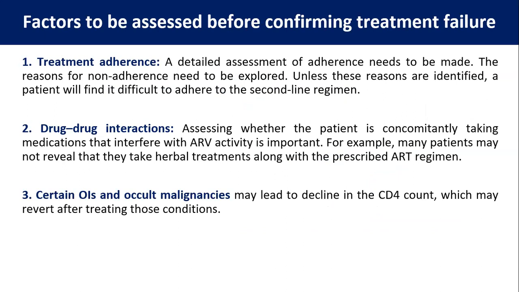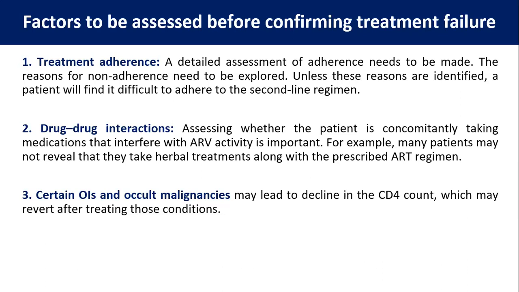Now, factors to be assessed before confirming treatment failure: as we said, the treatment adherence. So a detailed assessment of adherence needs to be made, for obvious reasons, as we discussed earlier. Now, drug-drug interaction. A patient with HIV can have different types of medications like ATT, ART, then mood stabilizers or antiepileptics.